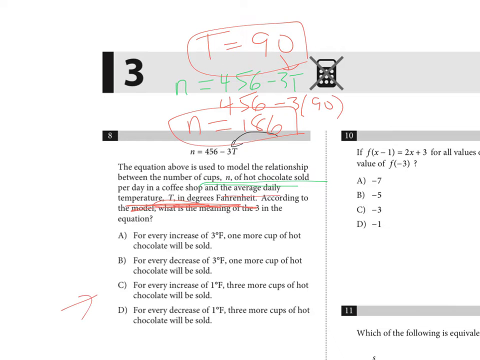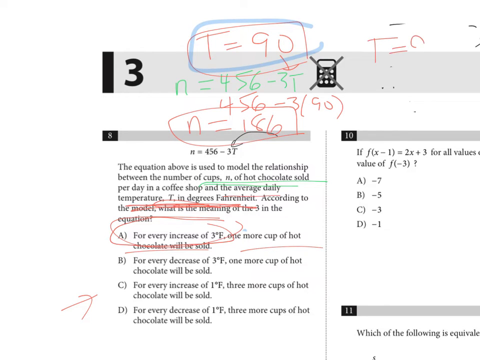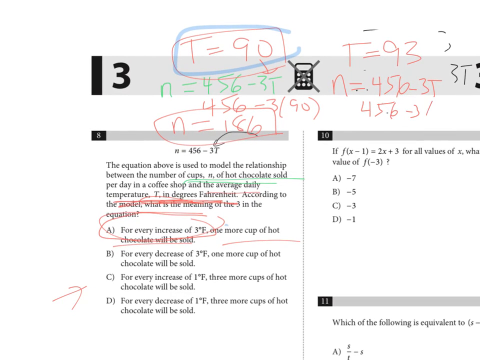Now, look at the questions. Letter A says, for every increase in 3 degrees, 1 more cup of hot chocolate will be sold. Well, it was 90. If the temperature increased 3 degrees, now the temperature is 93. If I plug into the equation, N is equal to 456 minus 3T, that's going to be 456 minus 3 times 93.